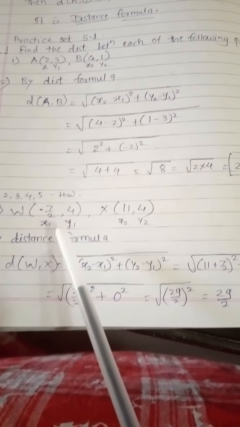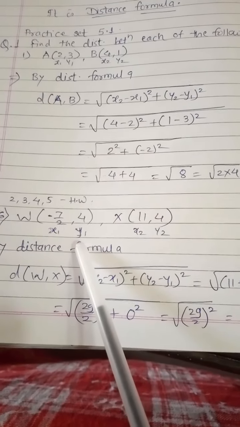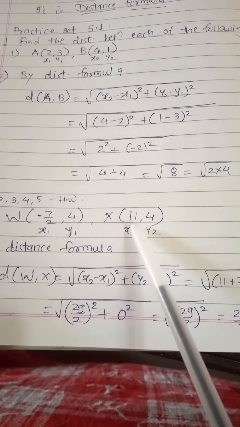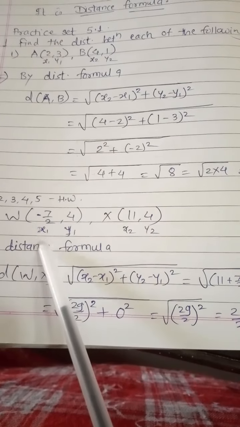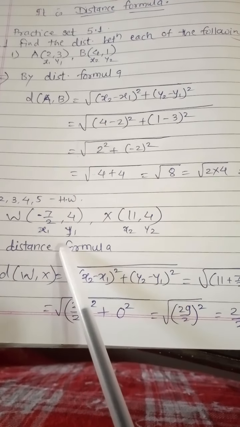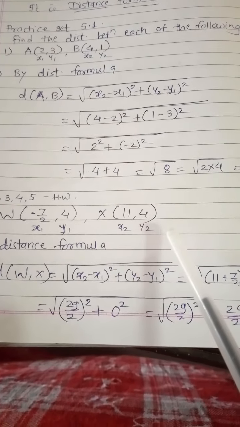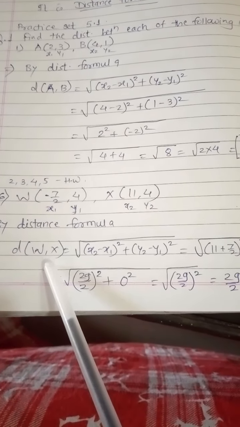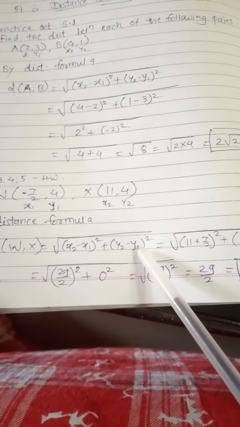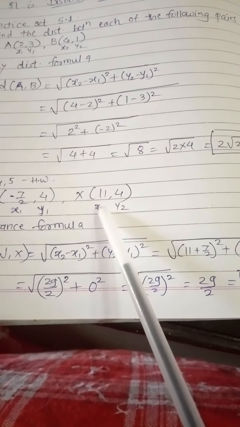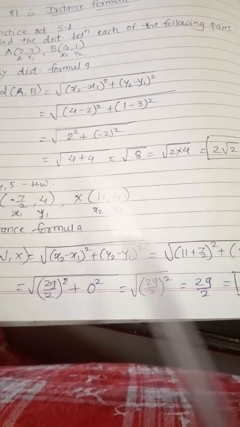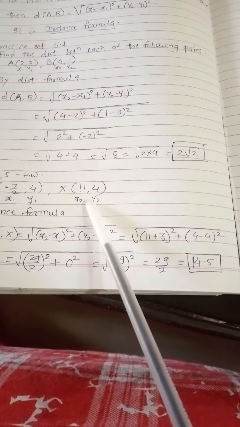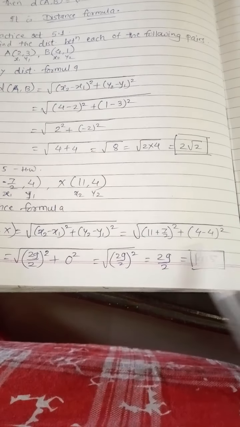So W has coordinates minus 7 by 2 and 4, and X has coordinates 11 and 4. Again we consider the first as x1, y1 and the second as x2, y2. So using the distance formula, distance WX is equal to, you have to write down the formula, root of (x2 minus x1) square, where x2 is 11 minus (minus 7 by 2), whole square, plus (y2 minus y1), that is 4 minus 4, which is 0.